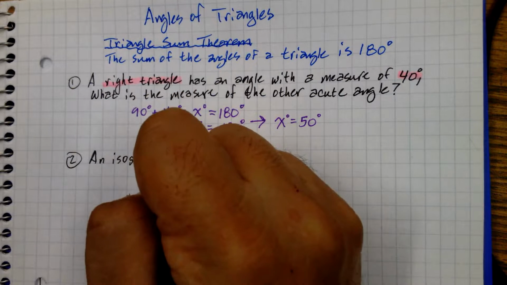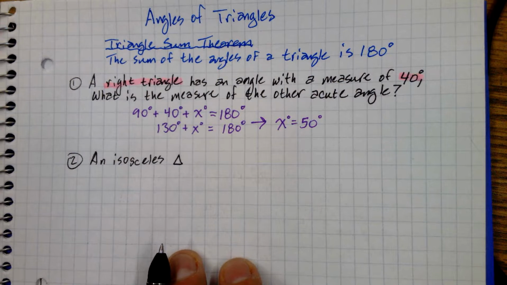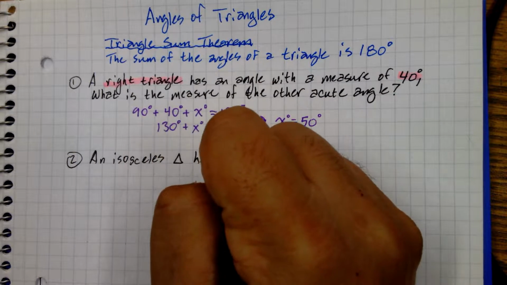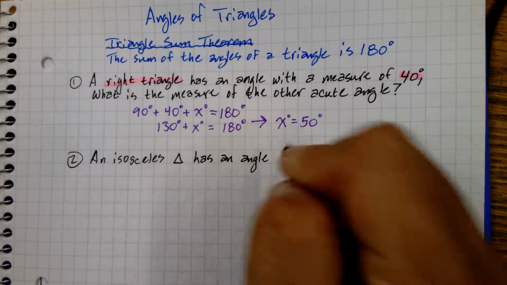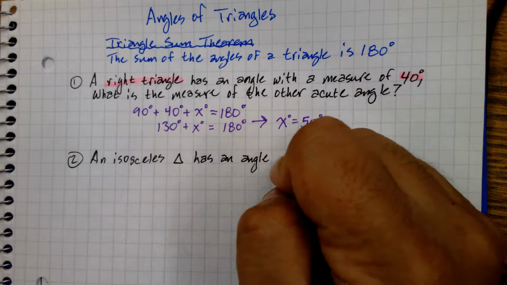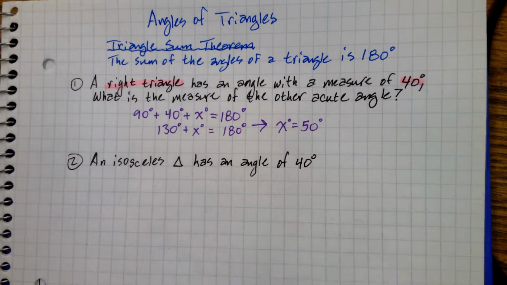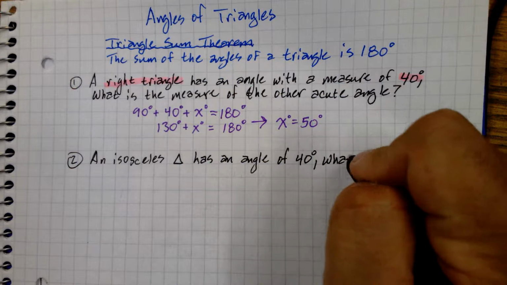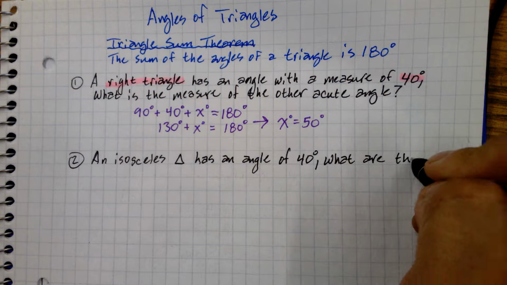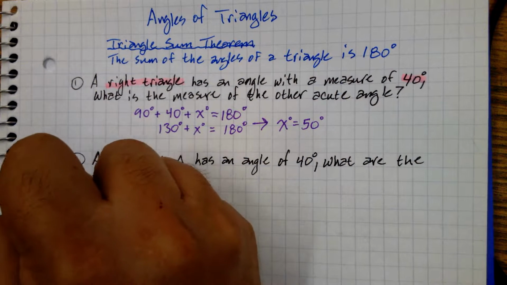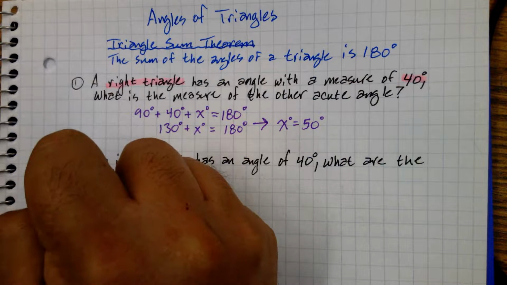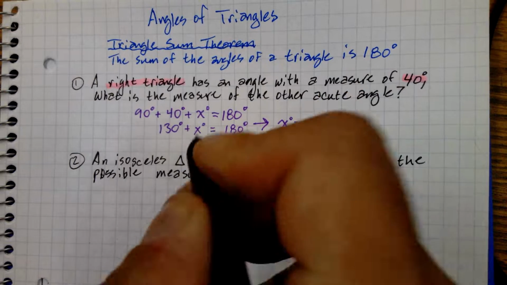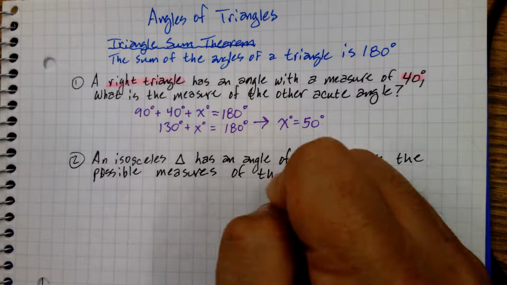An isosceles triangle has an angle of 40 degrees, comma, what are the possible measures of the angles?